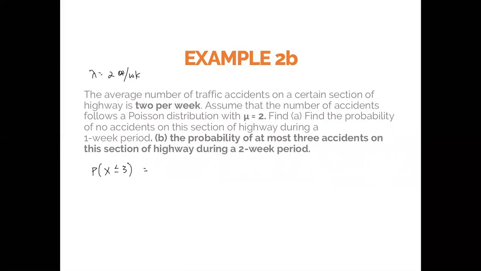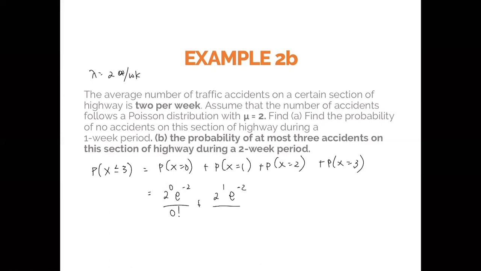So, ibig sabihin, kailangan natin yung probability ng 0 plus probability ng 1 plus probability ng 2 then probability ng 3. Okay? Then substitute lang natin sa equation natin. So, we have 2 raised to 0, e negative 2 all over 0 factorial, plus 2 raised to 1, e negative 2 over 1 factorial, plus 2 raised to 2, e negative 2 all over 2 factorial, plus 2 raised to 3, e negative 2 all over 3 factorial. Okay?